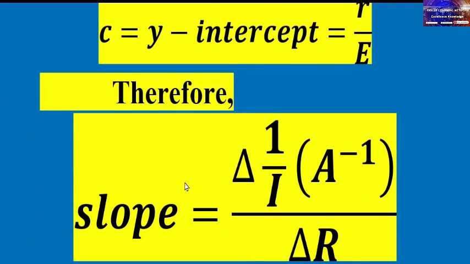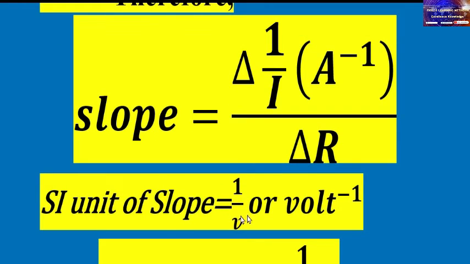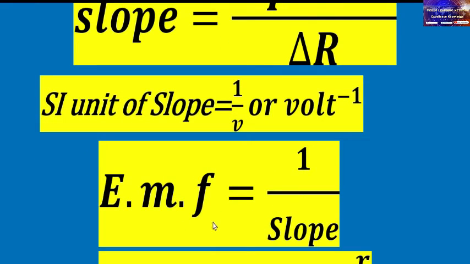Therefore the slope is the change in reciprocal of current over the change in resistance, and the SI unit of the slope is reciprocal of volt, and the E.M.F is equal to 1 over the slope. So when you want to solve for the E.M.F, you have to get it from the slope.